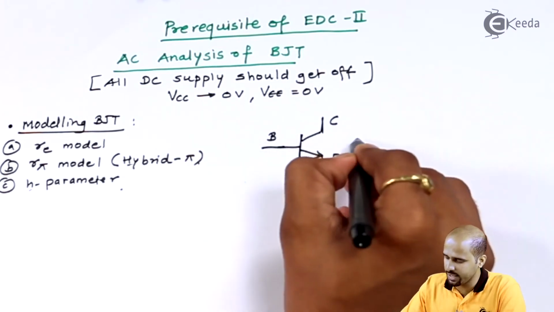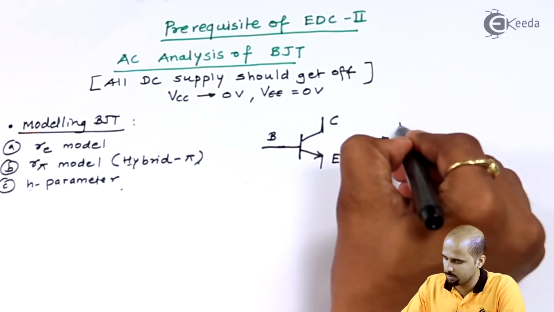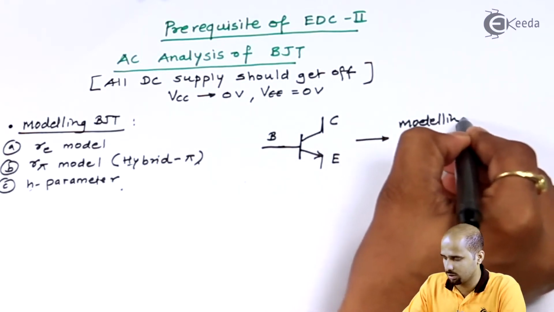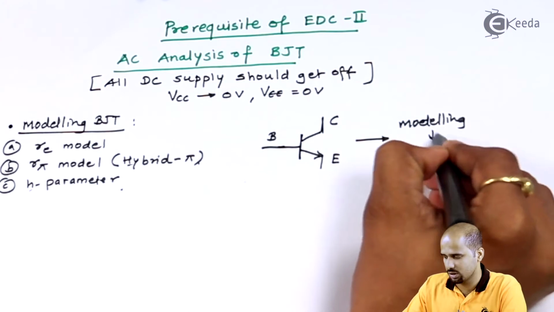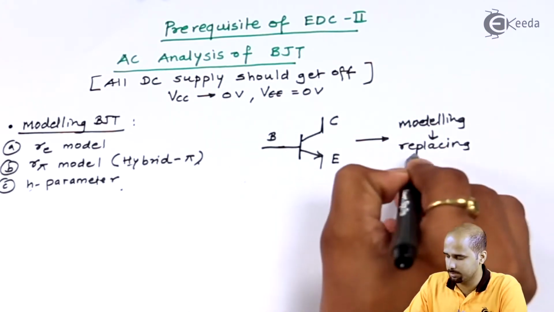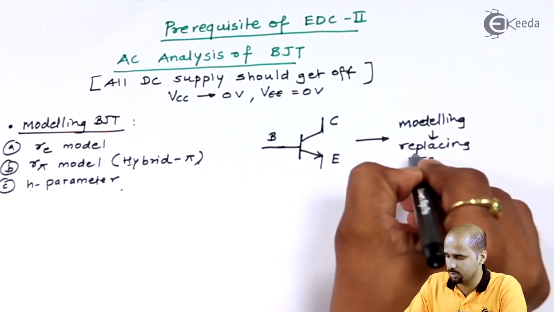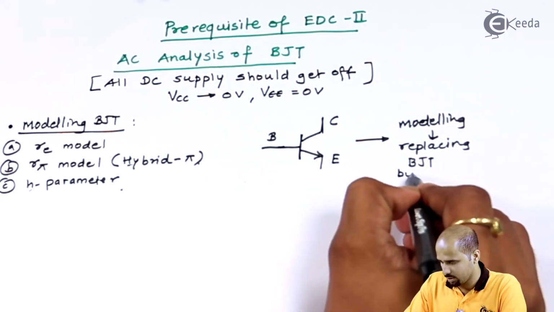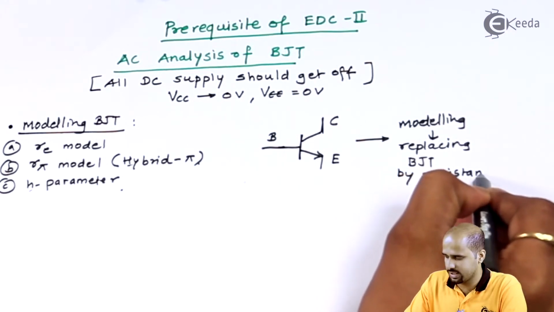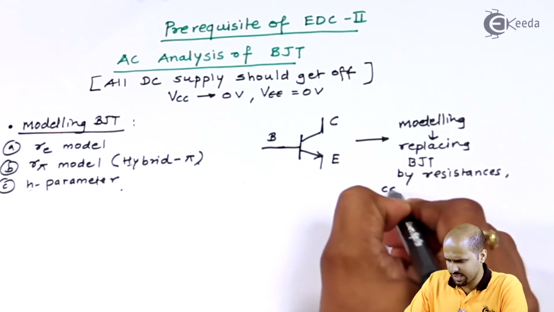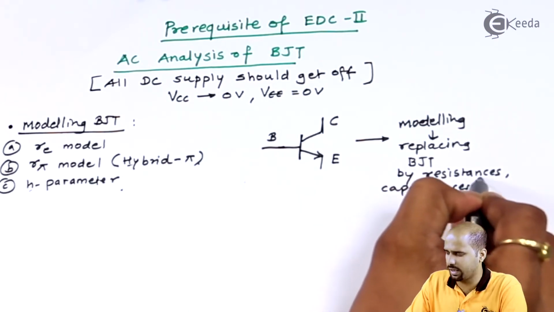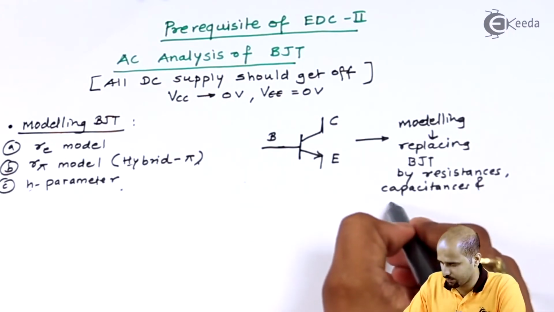Modeling means I am replacing the BJT by resistances, capacitances, and dependent sources.